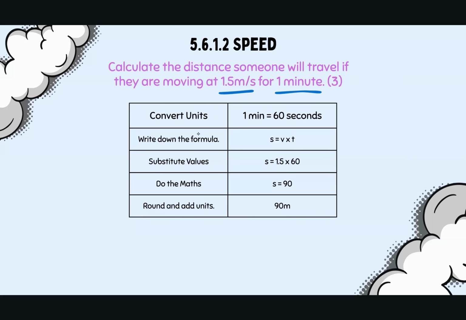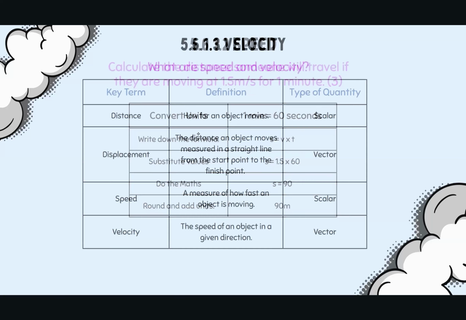The first thing we've got to do is convert the 1 minute into 60 seconds. These questions always come across as straightforward, but lots of students miss that mark because they forget to convert. So the distance equals speed times time, so 1.5 times 60. It means in 1 minute, this individual would have traveled 90 meters.